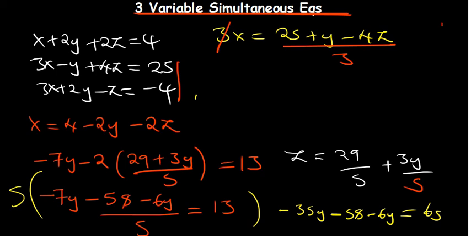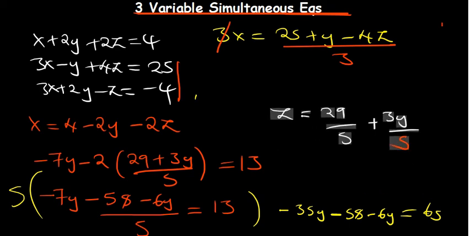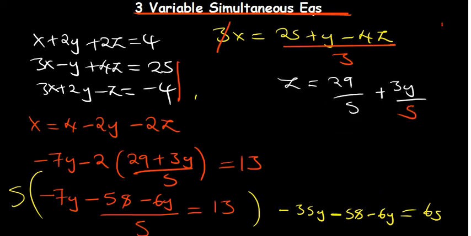So let me take just the z part on top there. Alright, so our goal is to find the value of y. So negative 35 minus 6 is negative 41, right?